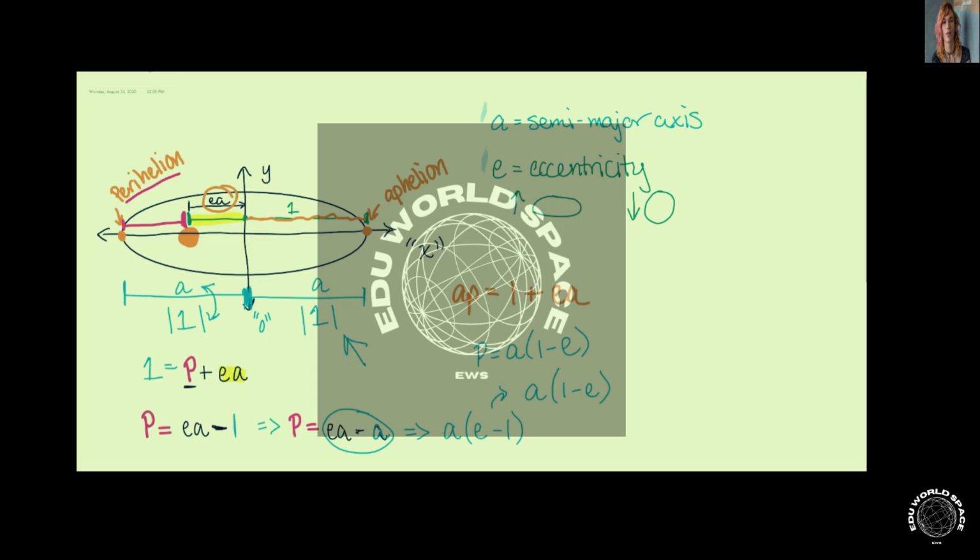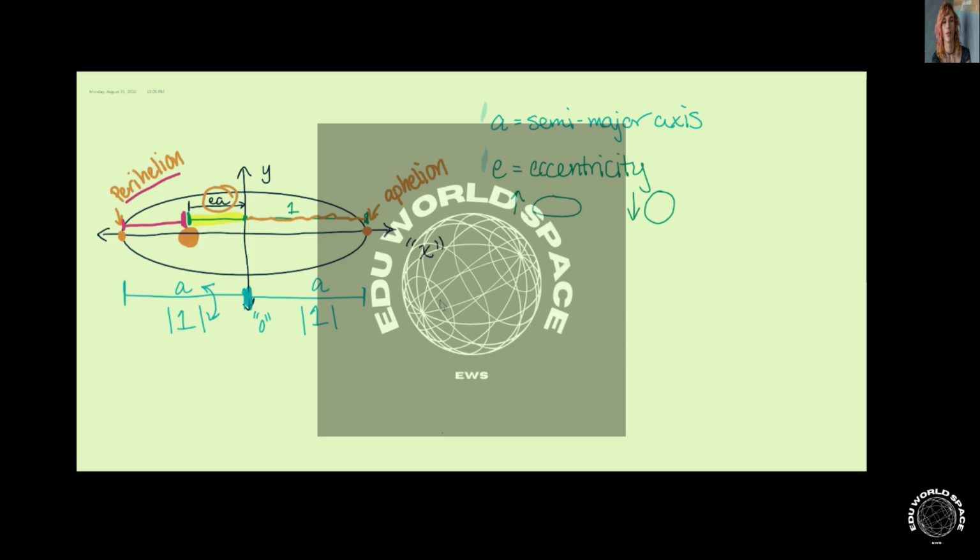So let's go ahead and take a look at a practical example of that. Let's take a look at Pluto. So I'm going to erase this proof just so we have a little more room. All right. So I will rewrite these formulas as well.